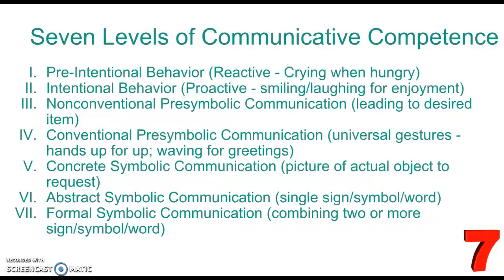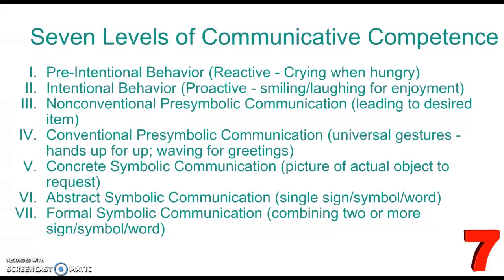The first is non-conventional pre-symbolic communication, which are those things that lead to a desired item. For example, if a student makes a certain sign or looks a certain way, such as looking at a cup on the table, you understand that they would like that cup.